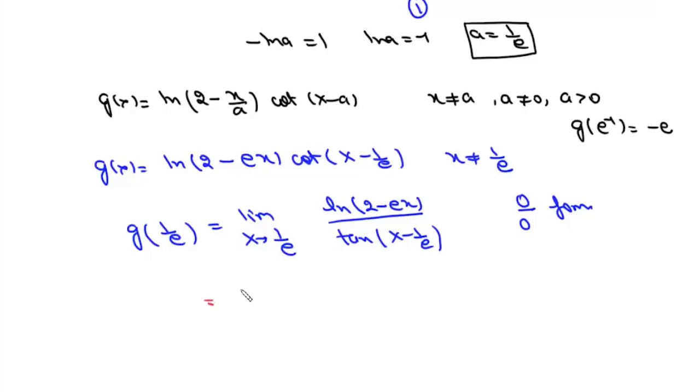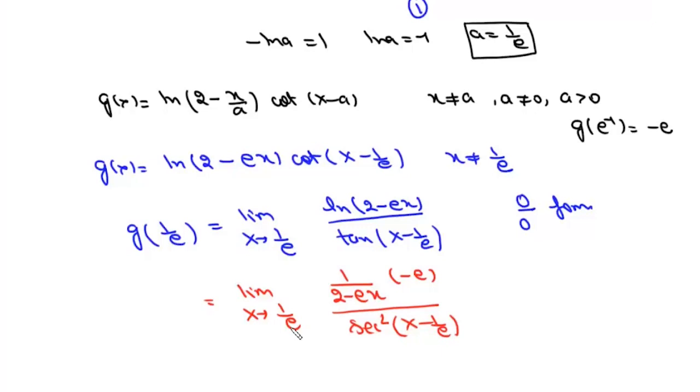So it will be this limit x tends to 1 upon e, and here will be this 1 upon 2 minus ex into minus e, and this will be secant square x minus 1 upon e. Now we put x as 1 upon e, 2 minus 1 will be 1, so it will be this minus e, and here secant square 0 is 1. So from here we can say value of g1 upon e is minus e, which is what we need to prove in this question.